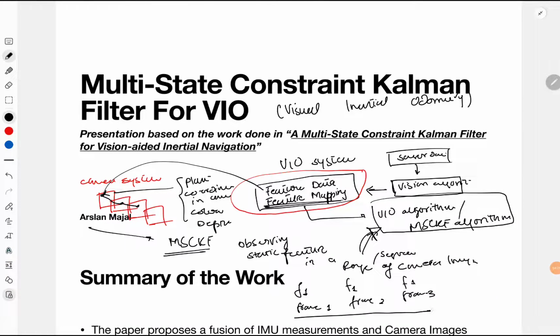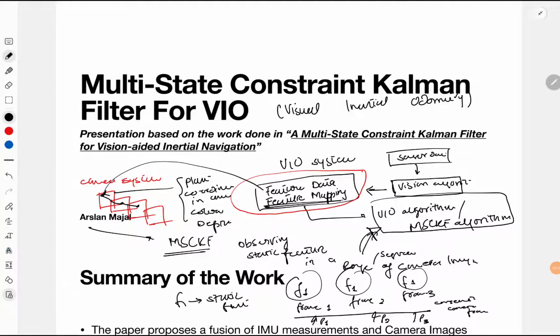These are three consecutive camera frames, and you're observing the same static feature. F1 is a static feature from different camera poses. So frame 1 comes at pose 1, frame 2 comes at pose 2, frame 3 comes at pose 3. So the camera is moving and there is a static feature, and you're observing that static feature from three different camera poses.